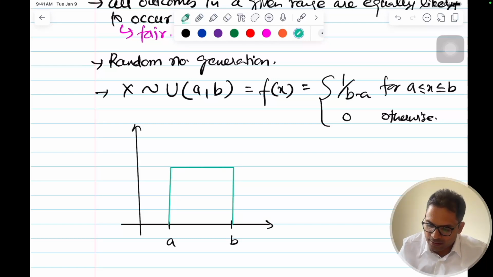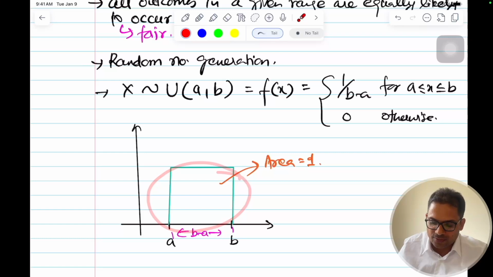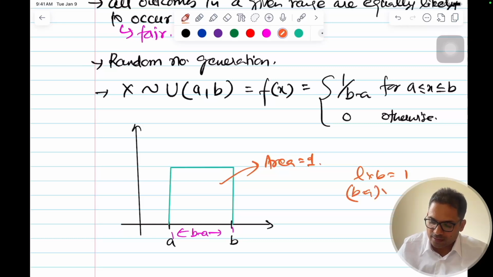This length from here to here will be b minus a, and we know that the complete probability, or the area under this curve, should always be equal to 1. This is a rectangle. So what is the area of a rectangle? Length into breadth is equal to 1. We know that this breadth is b minus a, and we want to find what is this value.